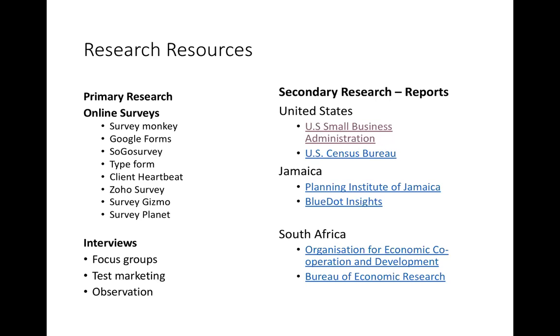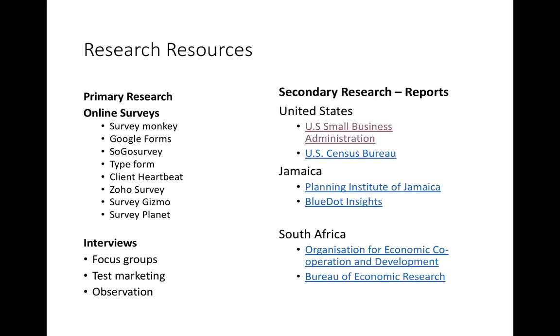And the US Census Bureau, they too have information on their site. And for Jamaica, the Planning Institute of Jamaica has tons of reports there as well that you can download into Excel, manipulate, do what you need to do.